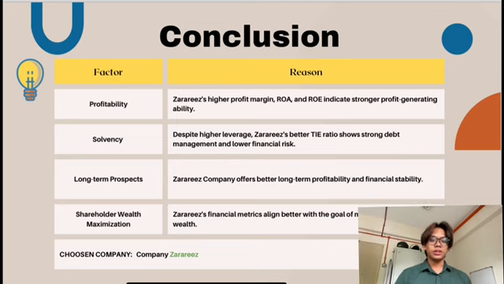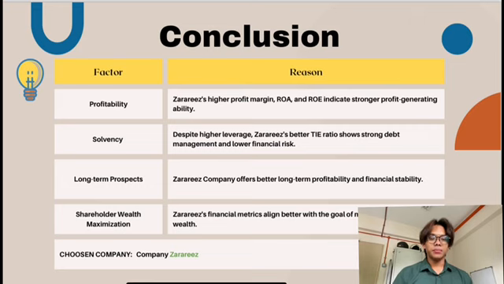For conclusion, the company we choose is Zararis. We choose this company based on these four important factors: profitability, solvency, long-term prospect, and shareholder wealth maximization. For profitability, Zararis shows higher profit margin, return on asset, and return on equity, which indicates stronger profit-generating ability.